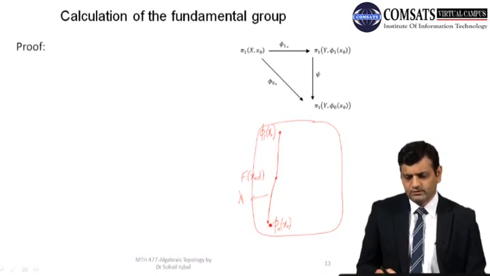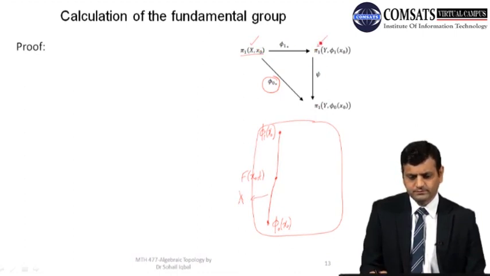So we also know that if we have a continuous function from x naught to y, phi naught of x naught, then there is this phi naught star, which takes loops of this pi 1 of x naught to the loops of this, and similarly loops of this go to the loops of this.